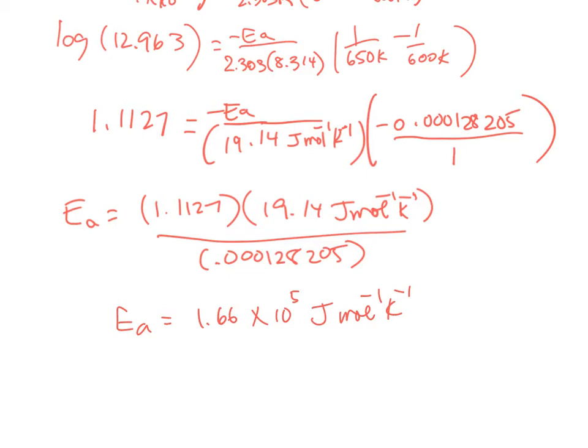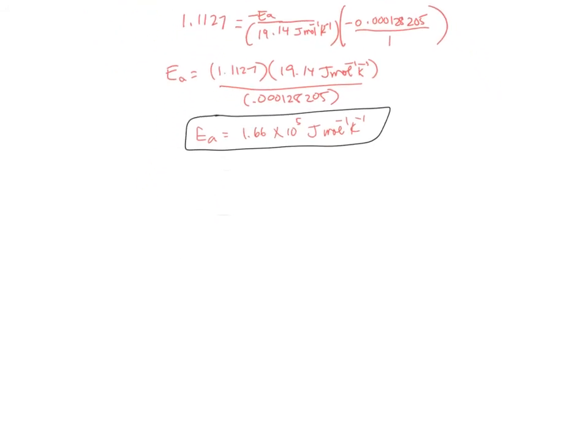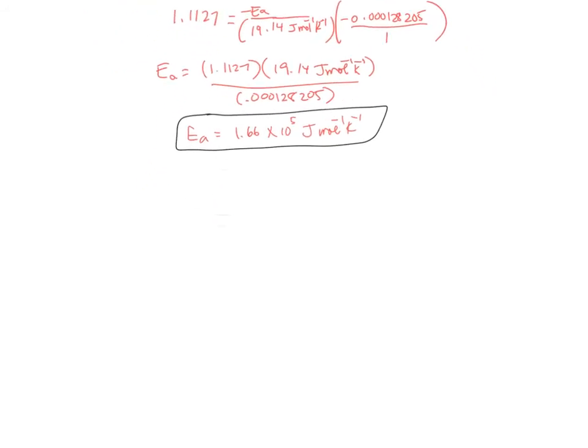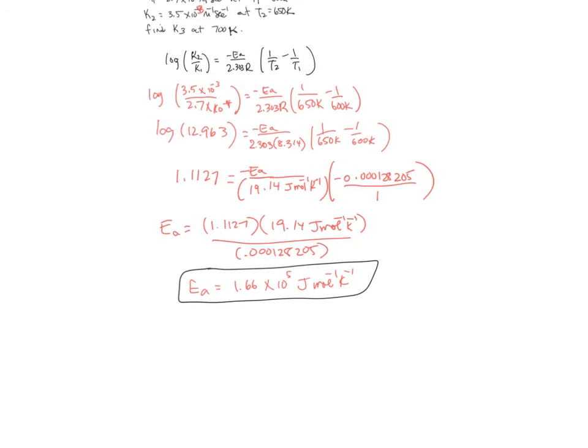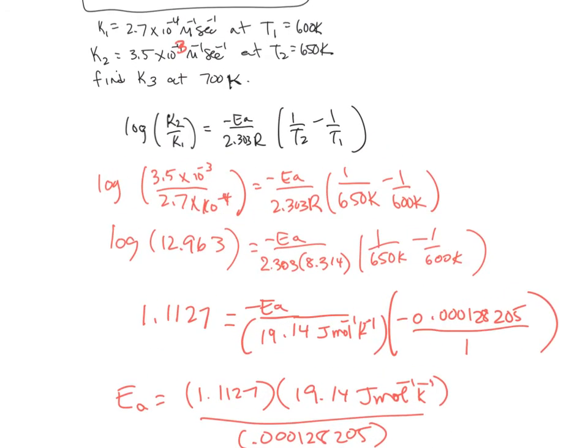That is part one. You need the activation energy to do this second part. It's only a one-part calculation, the way it's worded, but in fact there are two parts to it. You have to get your EA first. So then look back to what we have here. Let me point things out to you.